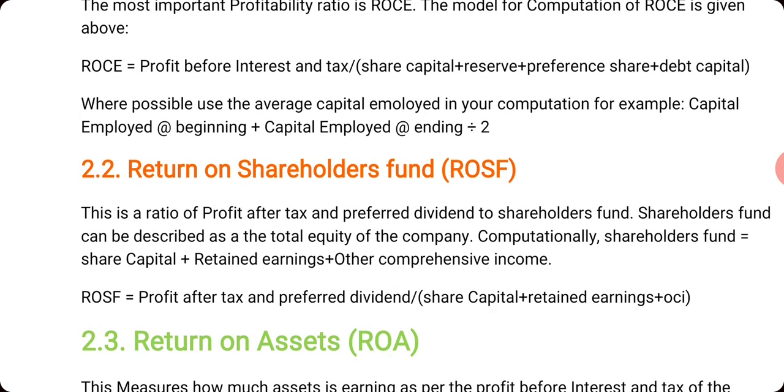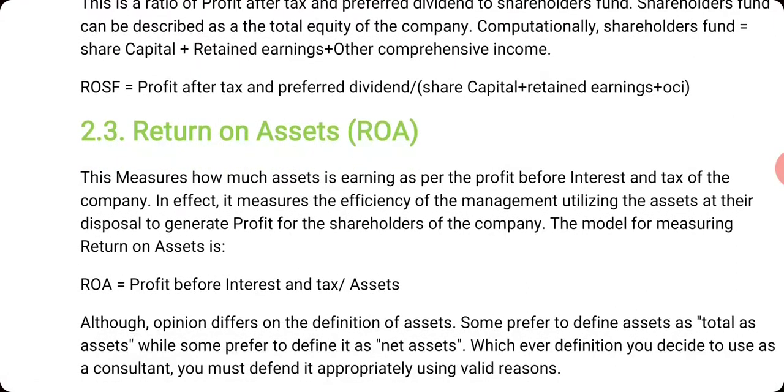We now have return on shareholders' fund. This measures the return that the equity holders are expecting, and the formula is profit after tax over share capital plus retained earnings plus OCI. You know the meaning of OCI, other comprehensive income. We now have return on assets. This measures how much each asset is getting as a return for it being used in generating profits for the company.